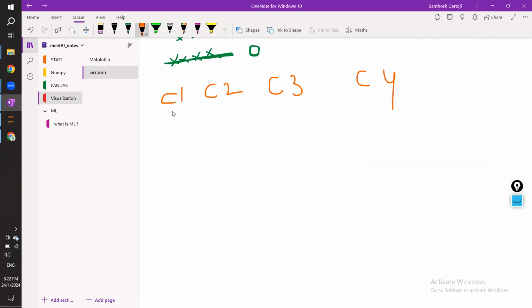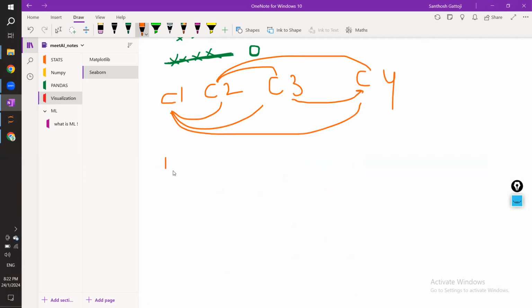So it will make combinations like c1, c2, c1, c3, c1, c4. Then c1 is done, so then c2, c3, c2, c4, then c3, c4. It will consider one pair at a time and provide us the graph. So that's the name pair.